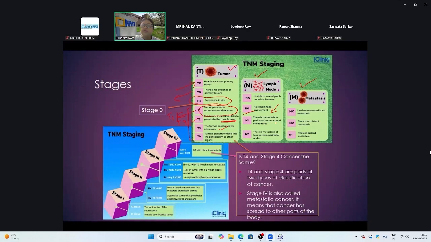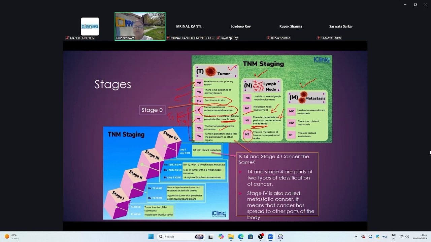If there is a spread to some nearby nodes, then it is called N1, and it's only 1 to 3. But if it's more than 4, further nodes farther away, then it is N2.